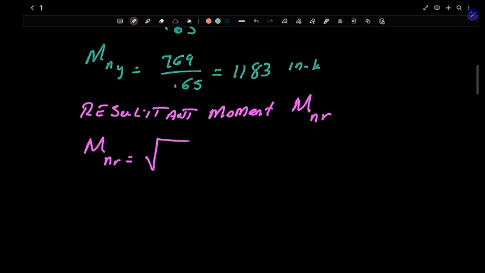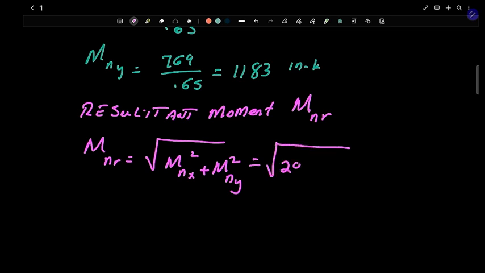It's equal to the square root of Mnx squared plus Mny squared. We had 2949 squared plus 1183 squared, and that will give us 3177 inch-kip. And let's go back to the Excel and put these numbers into the Excel.